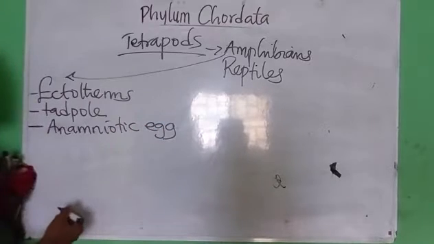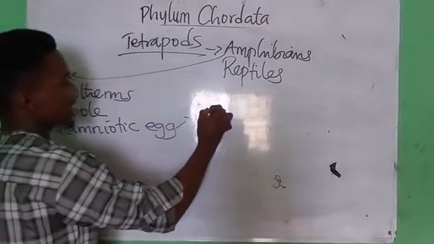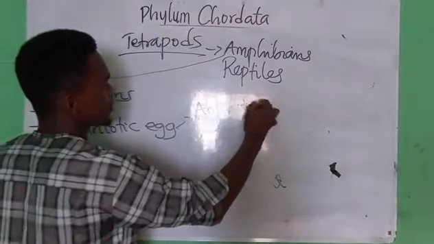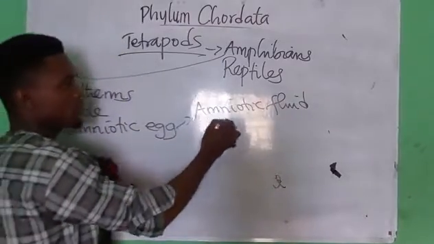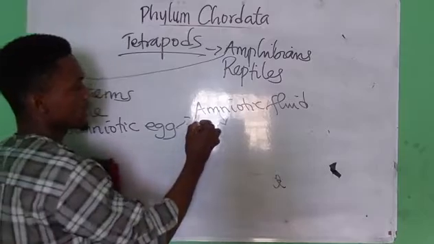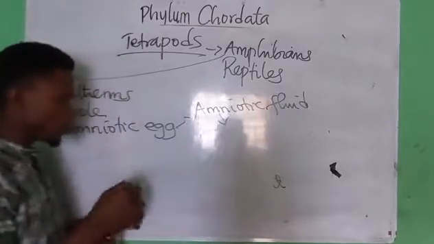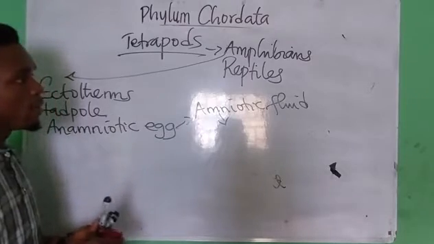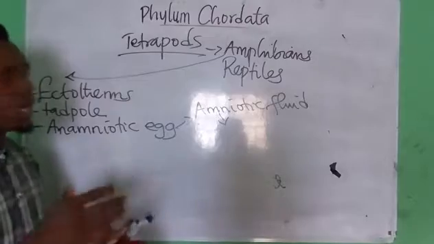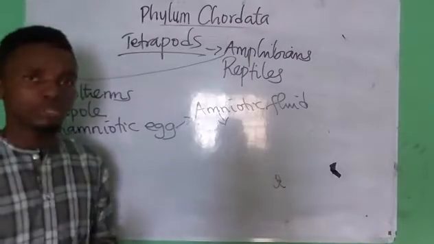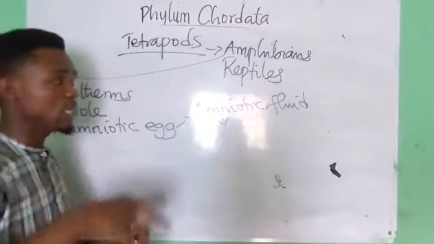For them to have an amniotic egg, it means that their egg has amniotic fluid. And amniotic fluid is actually found in the amniotic layer, and the function of this amniotic fluid is to prevent shock. It cushions shock and prevents mechanical injuries to the developing embryo found in the uterus.